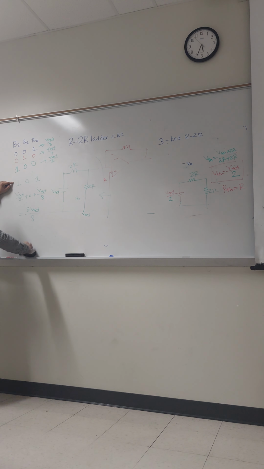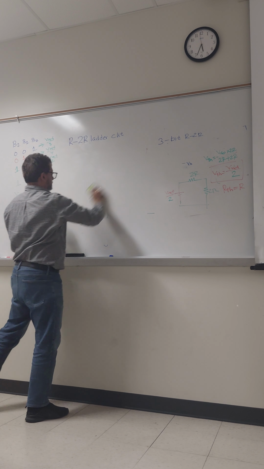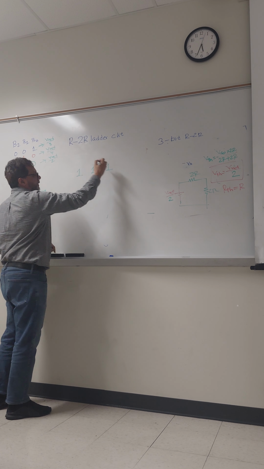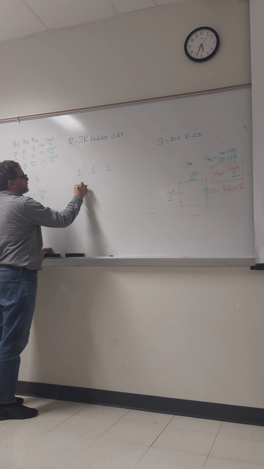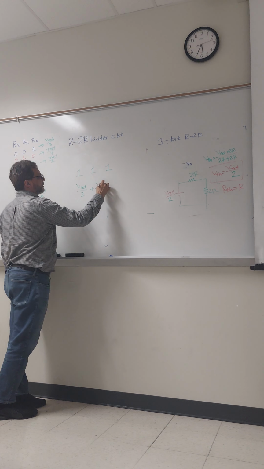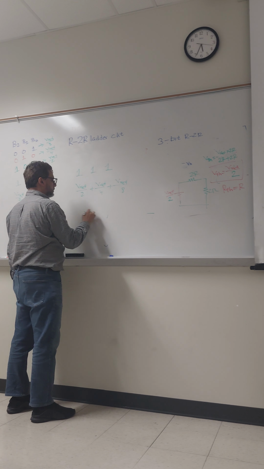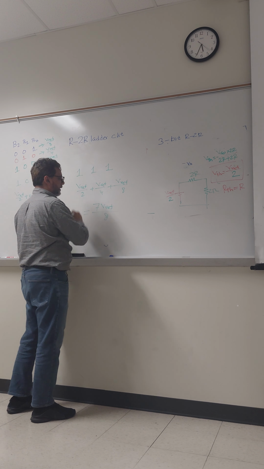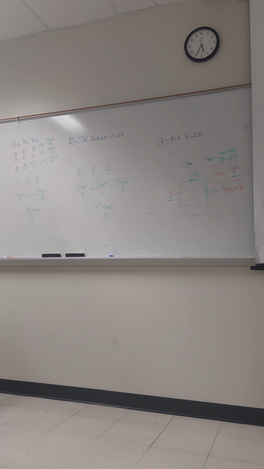If you have 1, 1, 1, that is the full scale output voltage. So it is V reference by 2, V reference by 4, V reference by 8, so it will be 7 V reference over 8. This is the full scale output voltage.